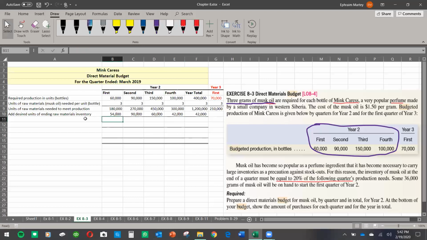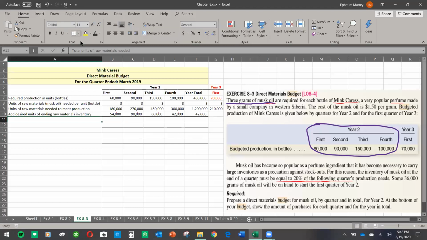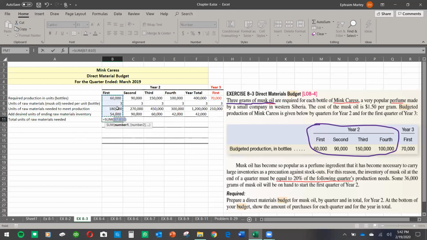Now, let's move on with total raw materials needed. Now that we have this, we'll go ahead and add these two together: the units of raw materials we need to produce plus what we want to be left in the inventory.